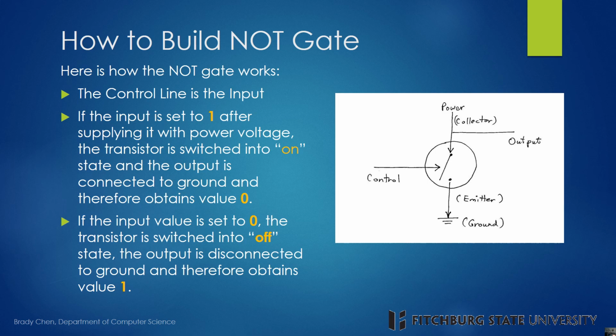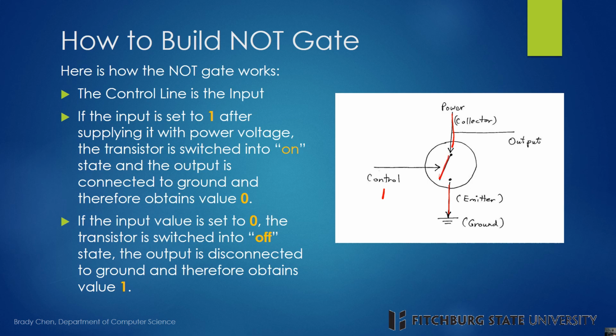If the control line is 1, that means we apply the power on the control line, then these 2 lines will be connected, so the electricity is going to pass through. Now, if the control line is set to 0, then it's disconnected.